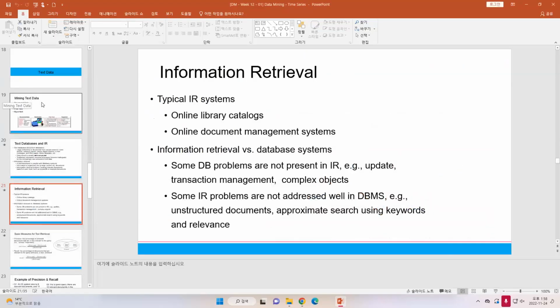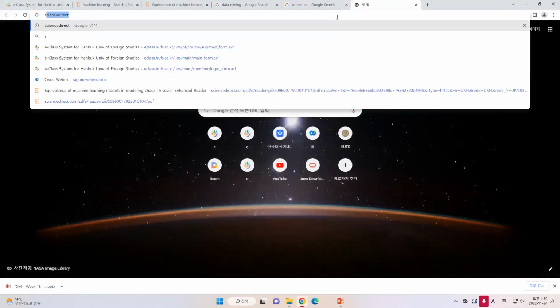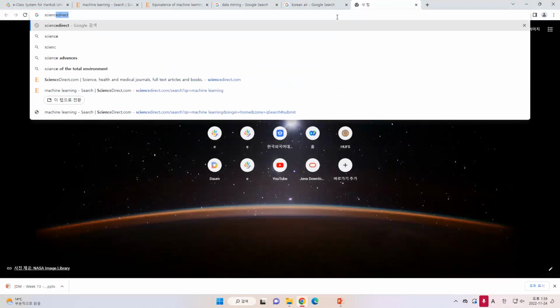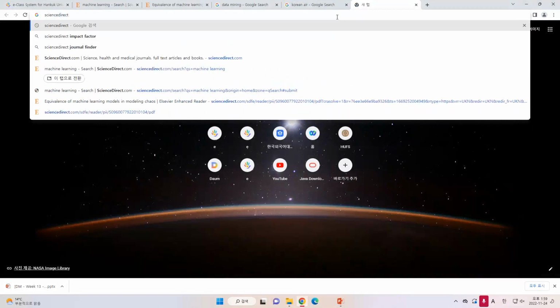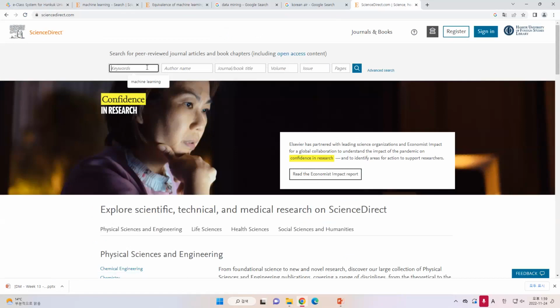For example, I can check any research paper. This is a text database, or a collection of papers. And let's say I want to find the keywords data mining.